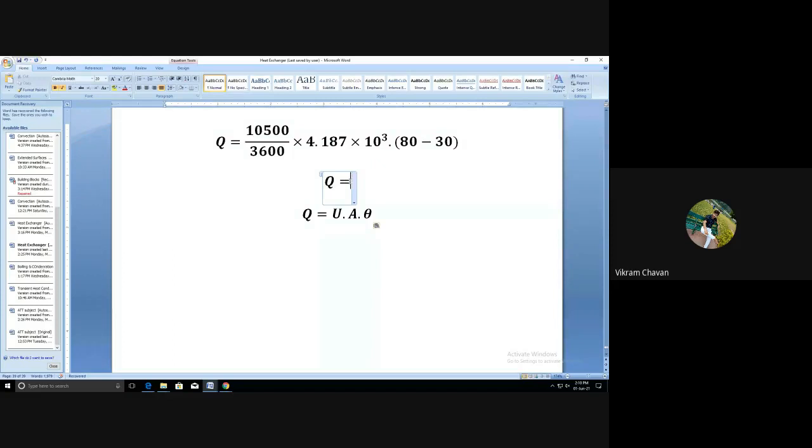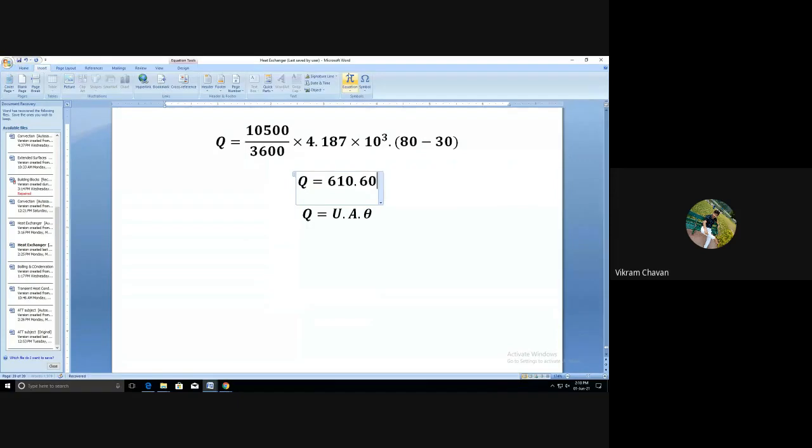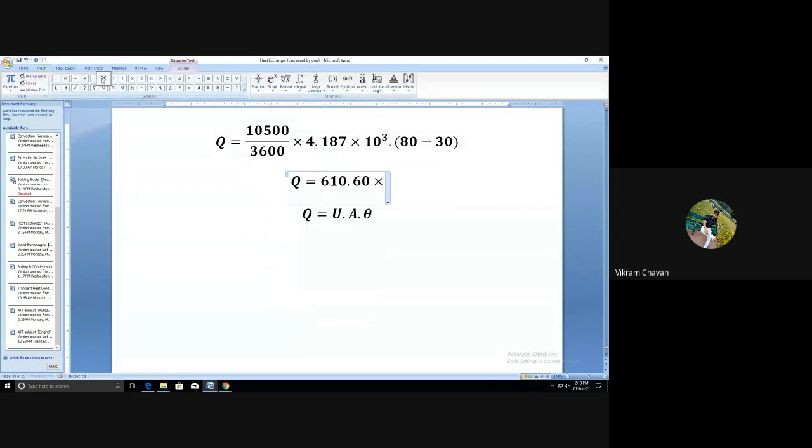Is it 10 raised to 6 or 10 raised to 3 or only that much value? Right, now it is the correct value. 610.60 multiply by 10 raised to 3, and its unit is joule per second.